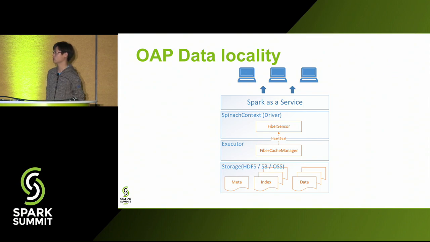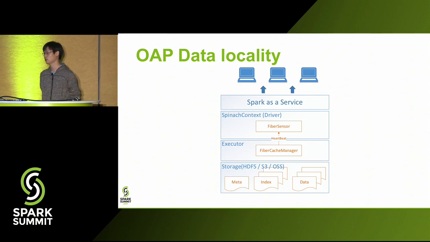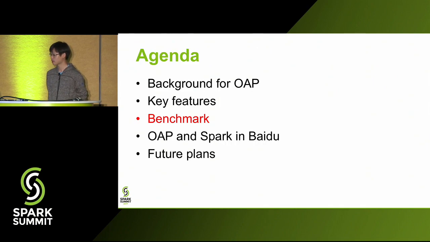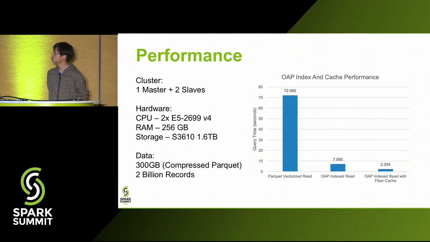And we did a little modification to the DAG scheduler. So the DAG scheduler would also refer to our fiber sensor to determine which node to schedule the task to, so the node could make more use of the data already cached in memory.